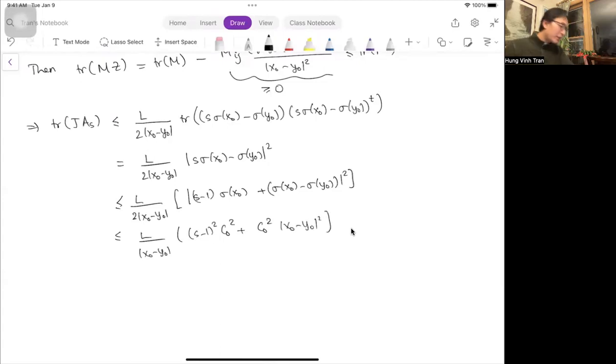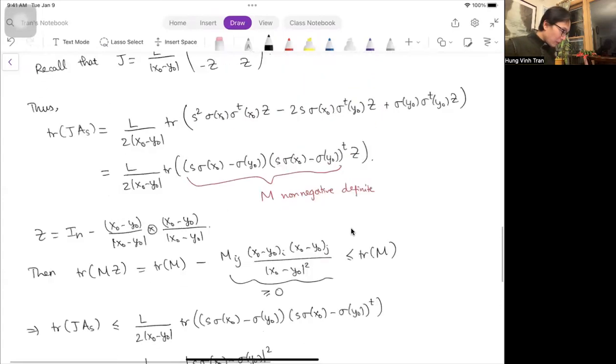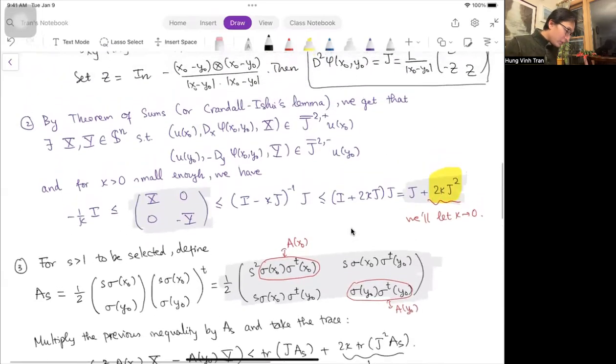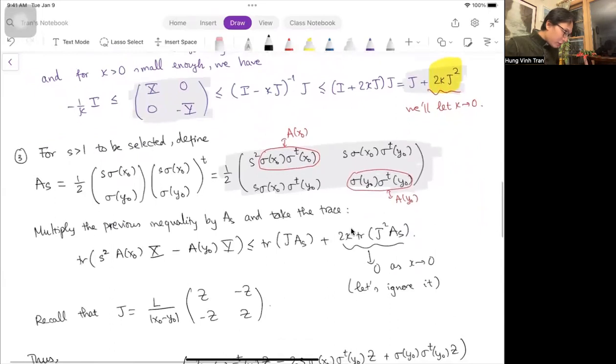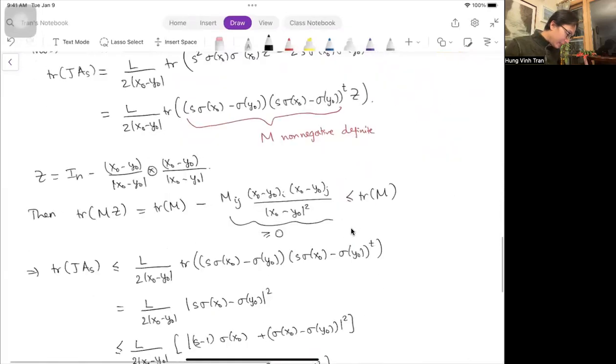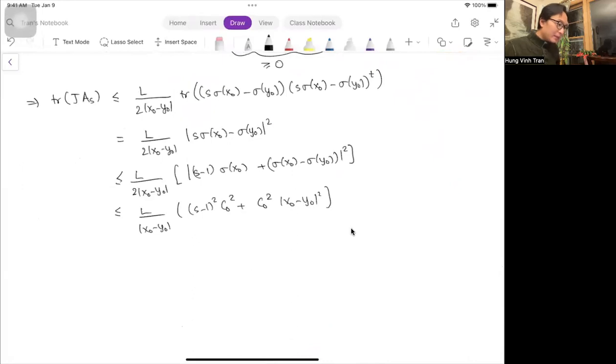So that's what we have been able to do: to control the trace of J times AS by this number. Again, remember that S is close to 1, so it's going to be good.